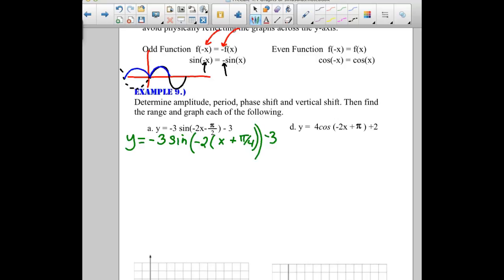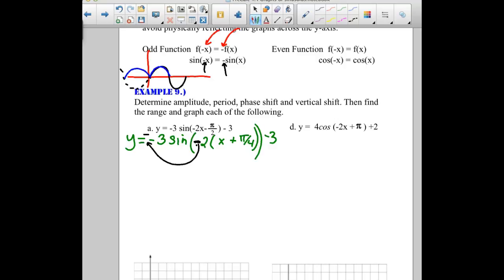And what we just talked about, because sine is an odd function, this negative sign right here can get pulled out and put in the front. All right? So we're going to pull that out and put a negative out front there. Well, what happens with a negative? Instead of having it initially being reflected over x, and then this second negative in front of our 2 is going to reflect it over x again, it's going to put it back, right?